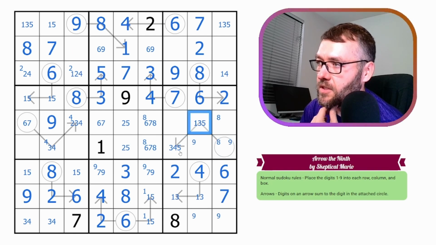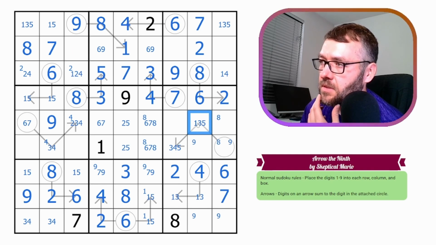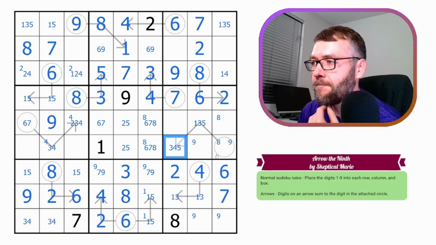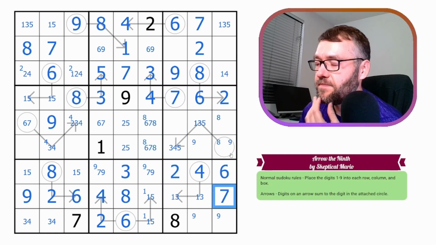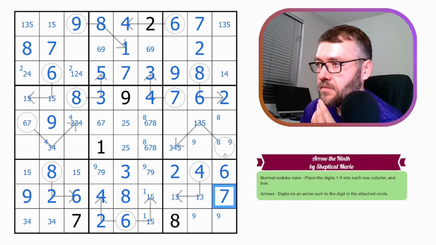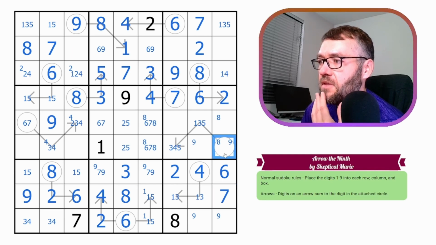This is a 3 and a 1. It could be 4, it could be 5. This was 1, 4. Can't be a 6 or a 7. So it's 4, 5, 8, or 9.